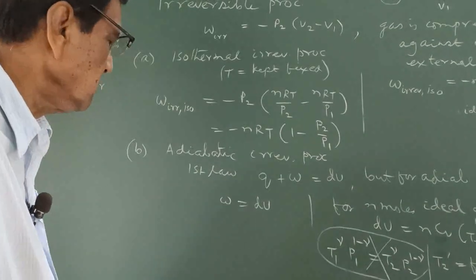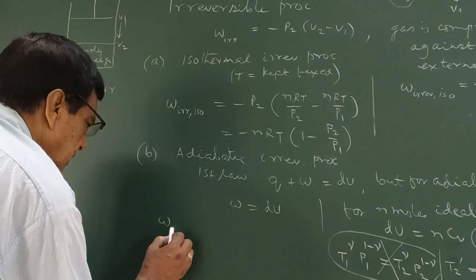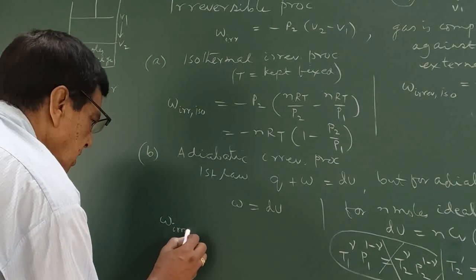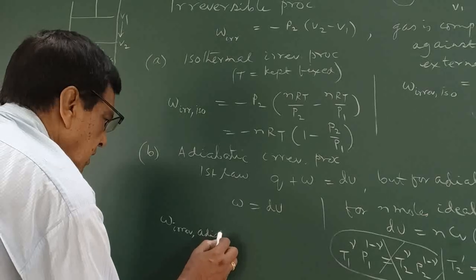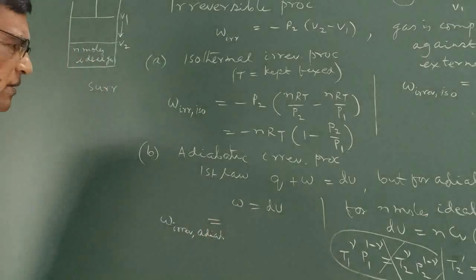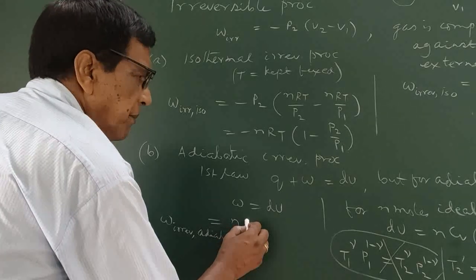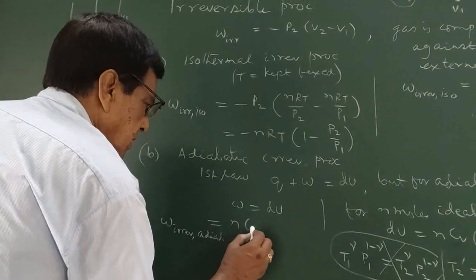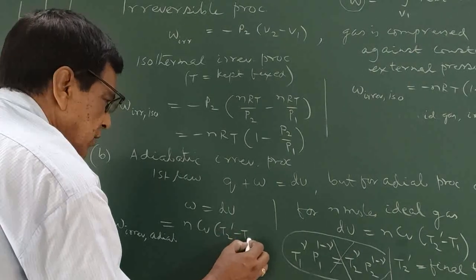So this W for the irreversible adiabatic process is equal to nCV times (T2 dash minus T1).